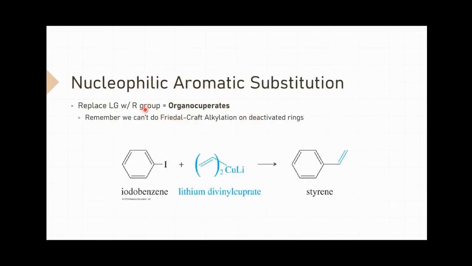If I want to add an R group, I can also use organocuprates. If I have a leaving group and an organocuprate, whatever the R group is connected to it, I can just attach it kind of like this.